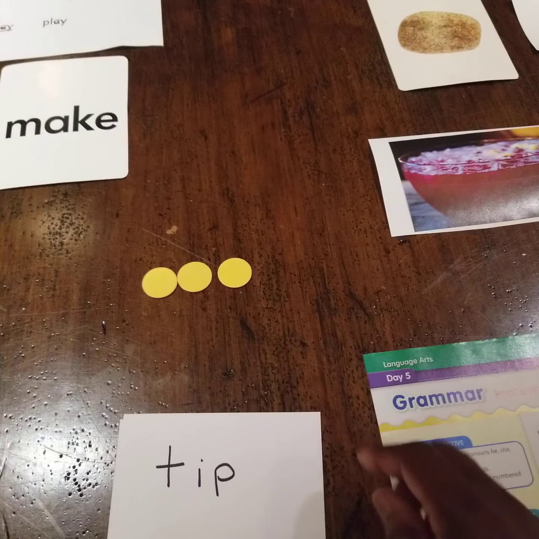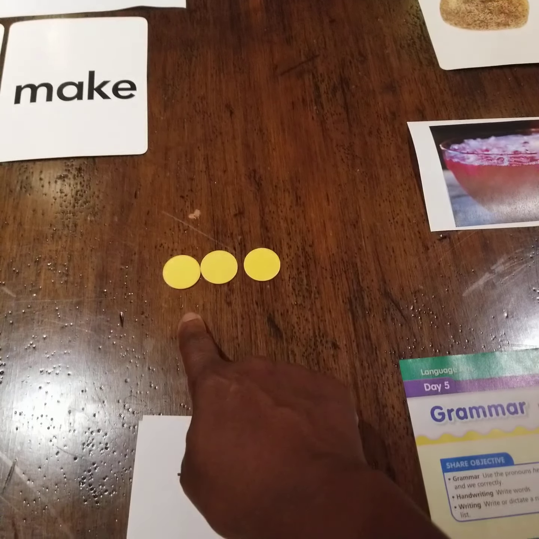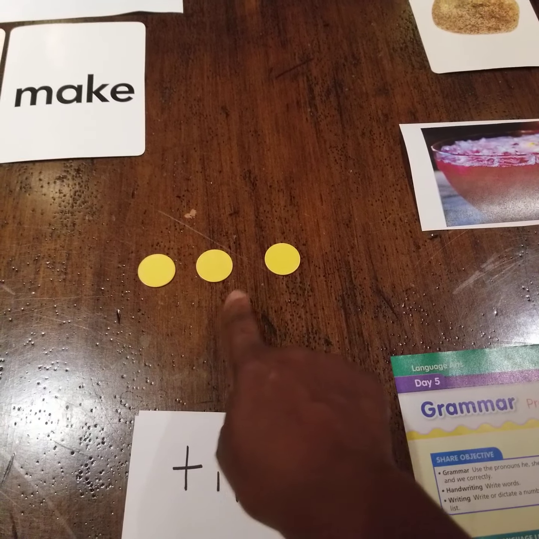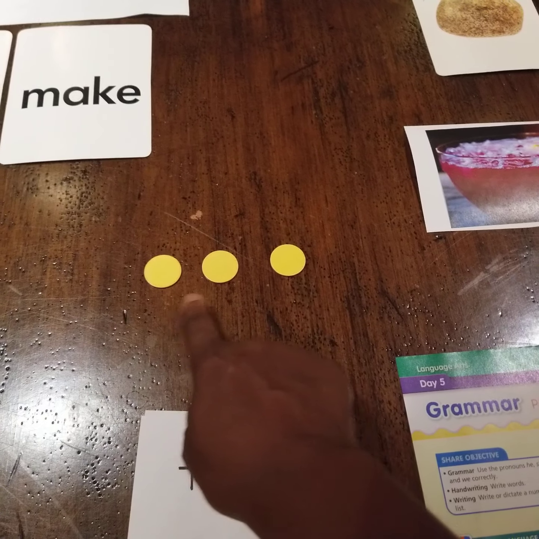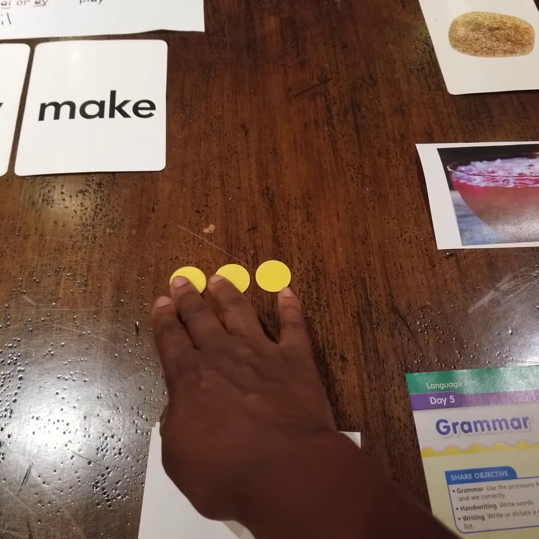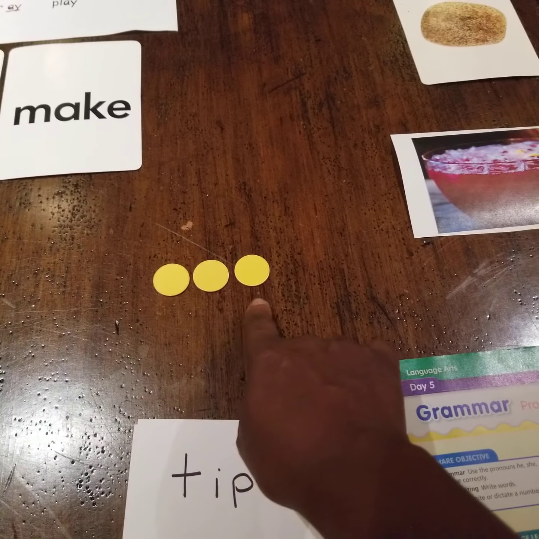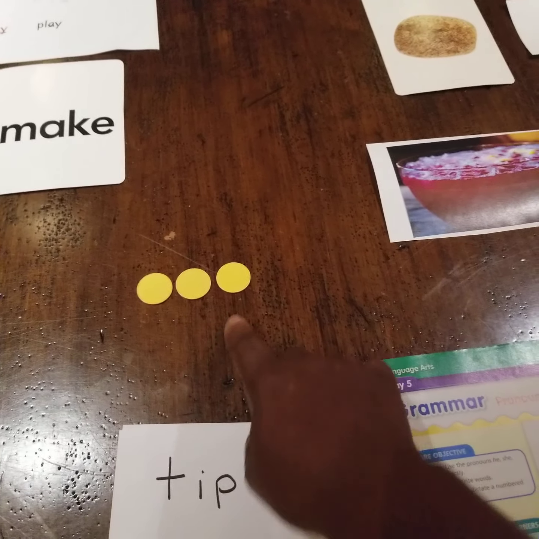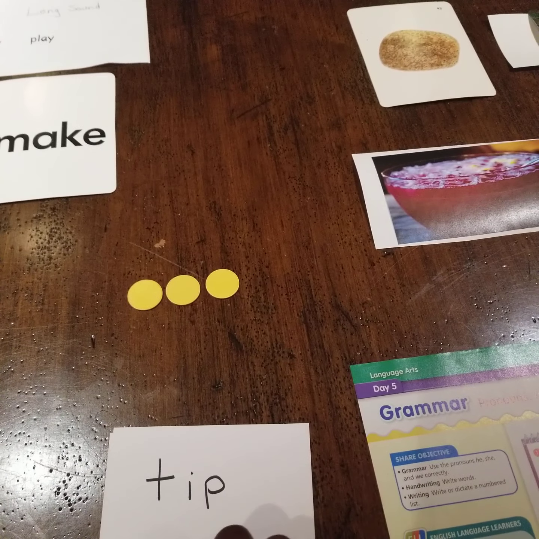All right, our next word is g, e, t. Let me split them out a little bit. If I bring those sounds together, get, we would have the word get.